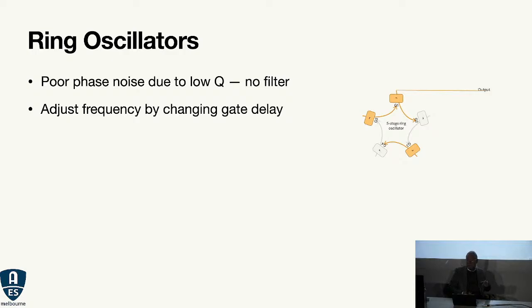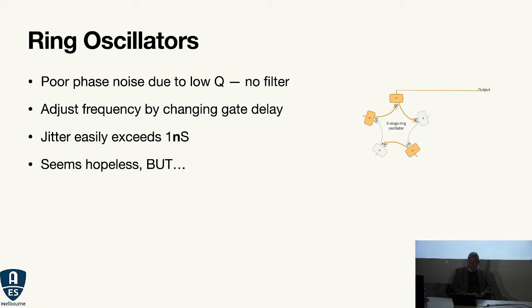You literally just vary the power supply voltage, and you can tune it over a very wide range. But the jitter is pretty lousy. Easily it exceeds a nanosecond, when, remember, we're looking for some number that's in the low picosecond range. Here we are at 1,000 times that. So it seems kind of hopeless.